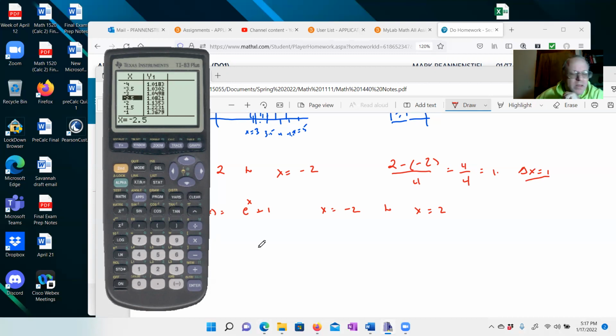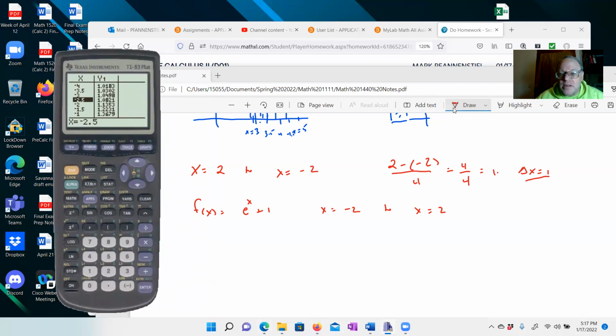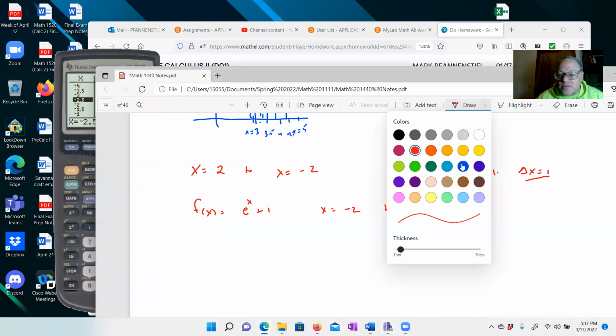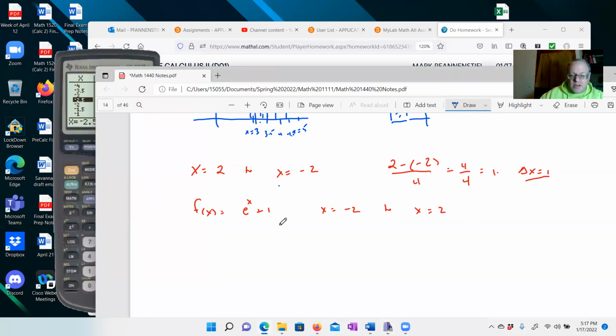Let's see here. I made a little table off to the side because I knew I was going to have to do some arithmetic. What we're going to do off to the side is draw my graph.